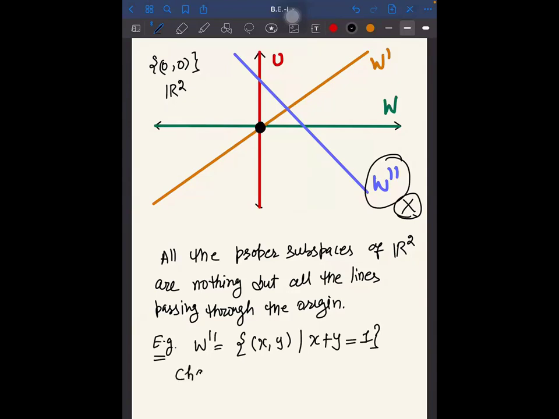First of all, check (0, 0). If you put (0, 0) over there, 0 plus 0 is not equal to 1. Therefore (0, 0) does not belong to W dash. So you will simply say that if the identity is not there, then W dash can't be a subspace, right?